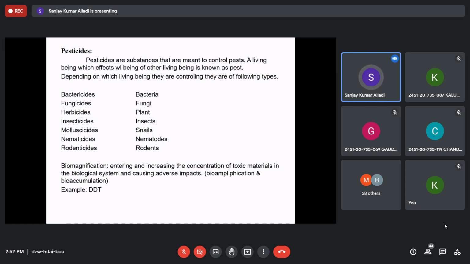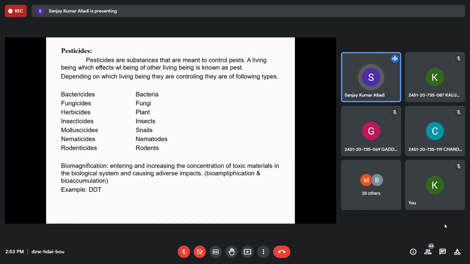So this DDT was actually invented by a German scientist, Zeidler, in around 1873. He synthesized this chemical, and then he left. There was not much importance given to this chemical.